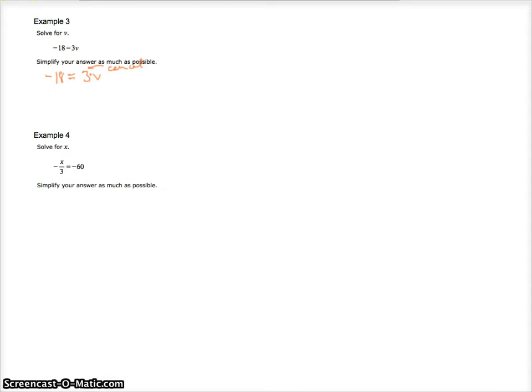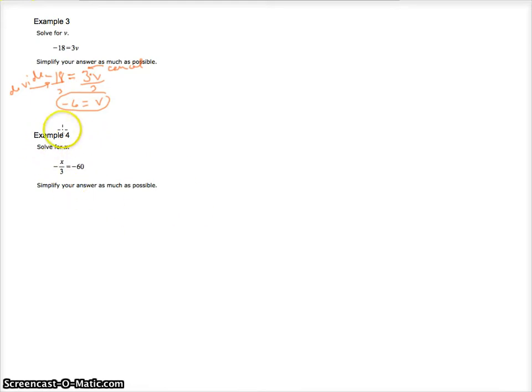Okay, so in order to do that, I'm going to divide both sides by 3. Negative 18 divided by 3 is negative 6 equals v. And that's my answer. Remember that this bar means to divide, so we were dividing.